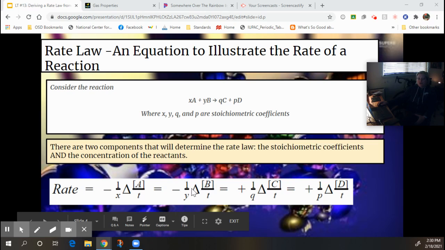And it's going to be equal and opposite to the formation of these products in terms of the concentration of the products and their stoichiometric coefficients. So this seems pretty broad and pretty vague, but when I put it in use with an example that involves a real reaction, it makes a lot more sense.